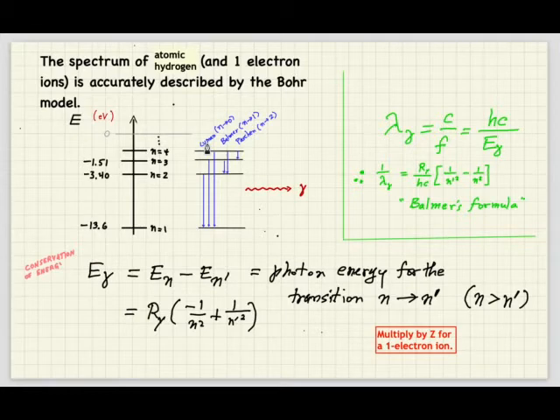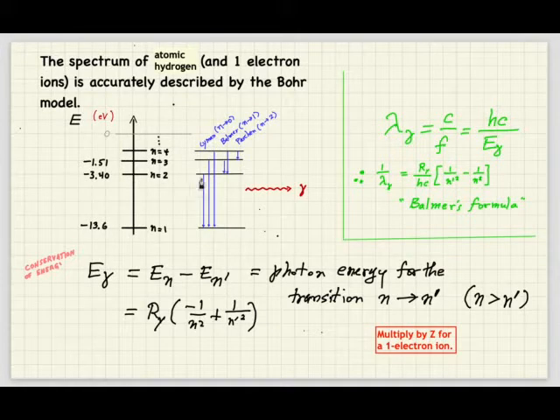And now, when the atom is in an excited state, it can emit a photon and make a transition to a lower state. I've only drawn 4 of them, but the hydrogen atom must have one of these 4 values of energy.